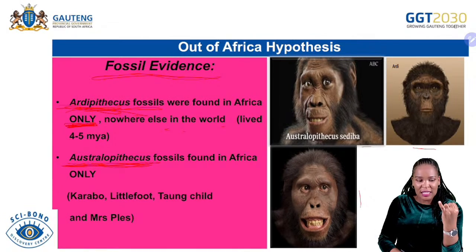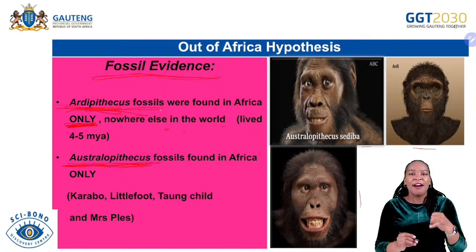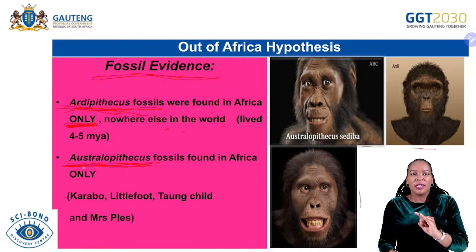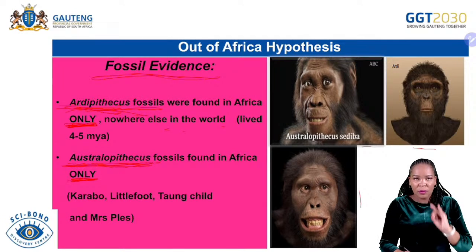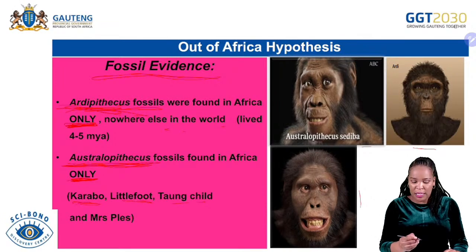The Ardipithecus fossils were found in Africa only. Number 2, your Australopithecus fossils were found in Africa only. So for saying those 2 things, you get yourself 2 marks. The examples are the ones that Fawzi told you to take pride in: Karabo, Littlefoot, Daun Child, and Mrs. Ples.